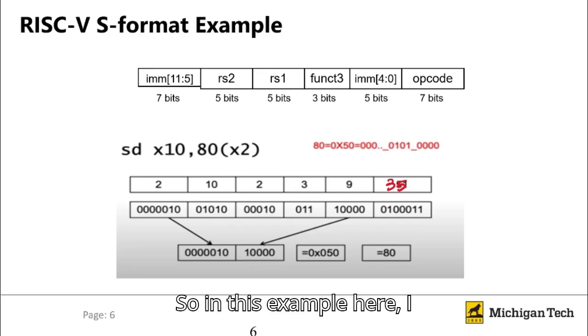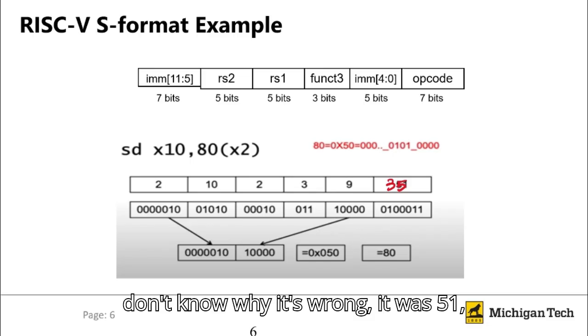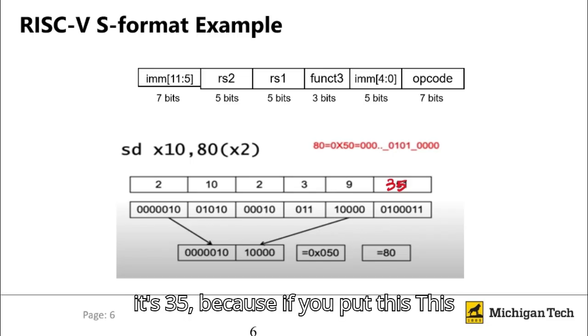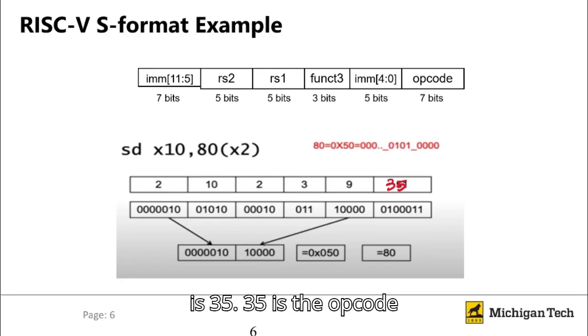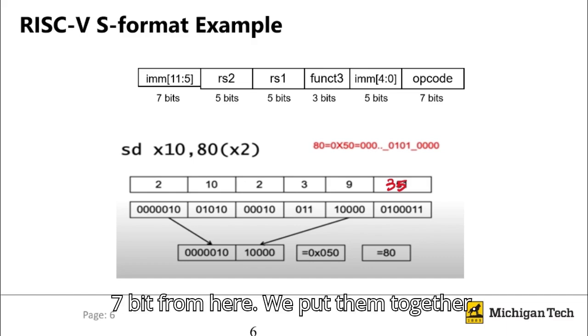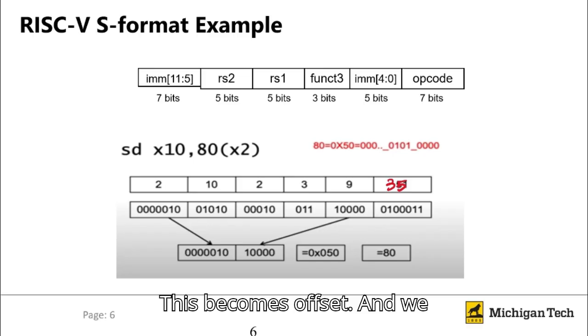So in this example here, I don't know why it's wrong. It was 51. It's 35, because if you put this, this is 35. 35 is an opcode for a store. And we have two immediate parts, 5-bit from here, 7-bit from here. We put them together. This becomes the offset.